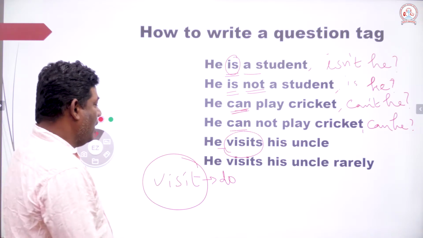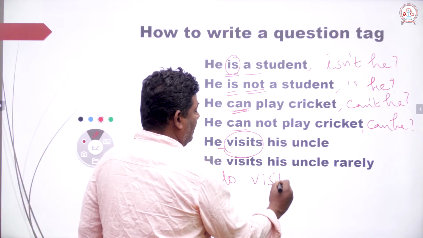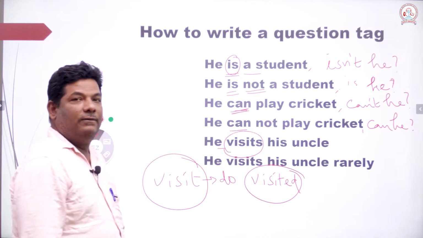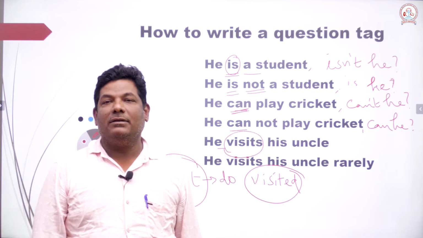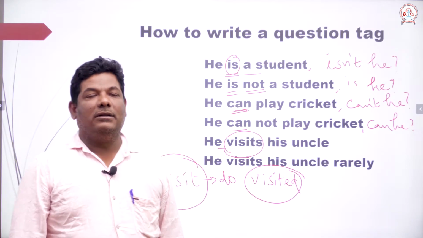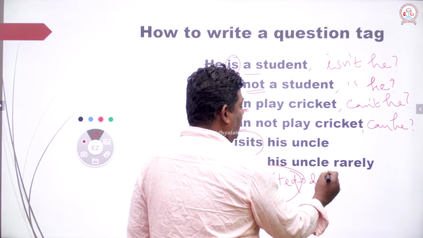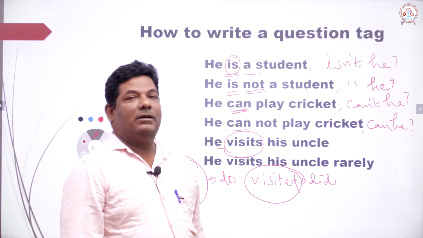If it is past tense, visited, any past tense. If it is visited, in this particular past tense, did is the auxiliary verb hidden. Did is the auxiliary verb. We have to use did for writing the question tag.